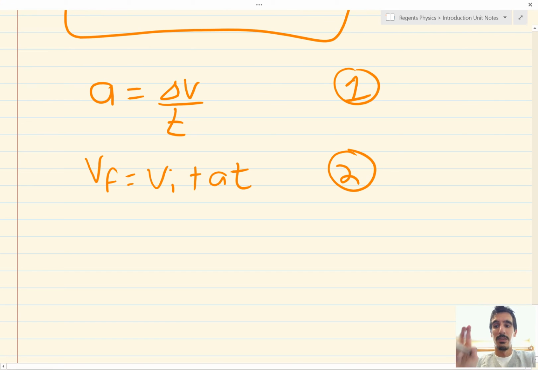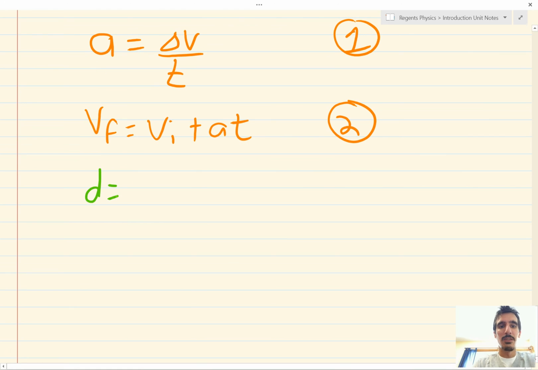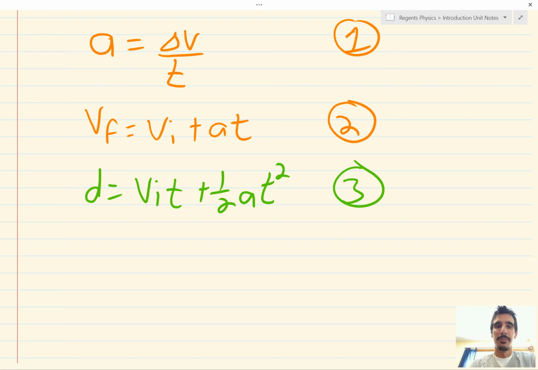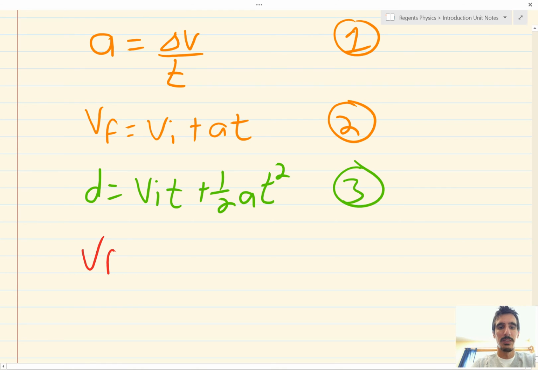Okay, so the third equation that we have is D equals VIT plus 1/2 AT squared. Third equation. And the last one that we just established was VF squared equals VI squared plus 2AD.